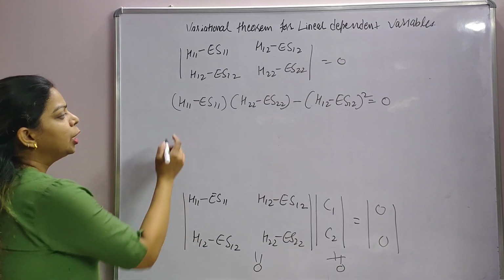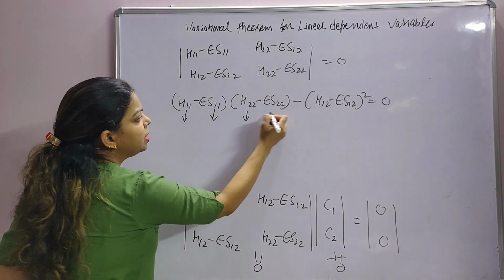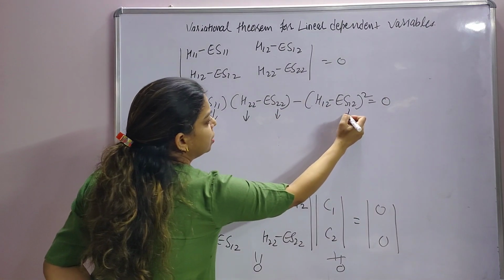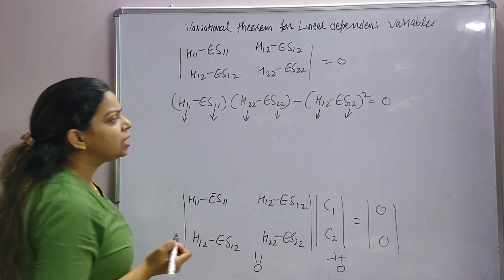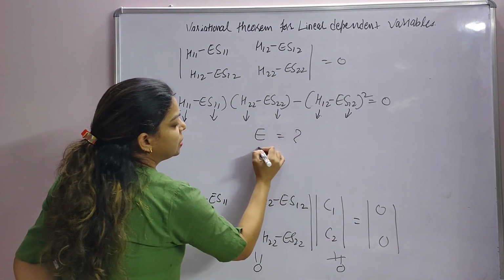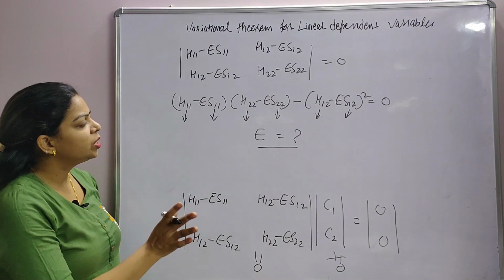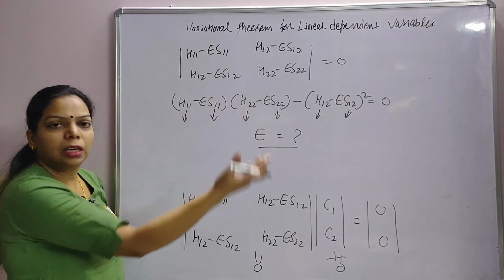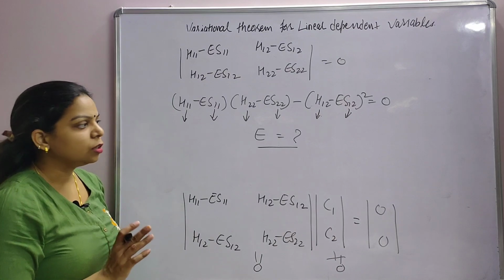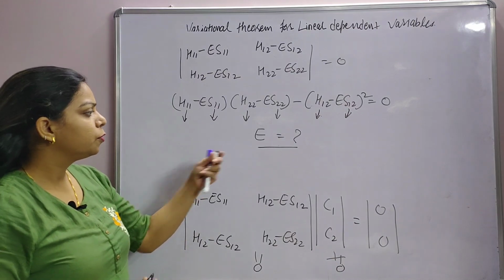So if I know the values of these integrals, I can simply substitute them and it will be easier to find the expression for energy, which is the purpose. So we must solve one equation in which we have the values of these integrals, so that we can know the value of energy coming from this method.